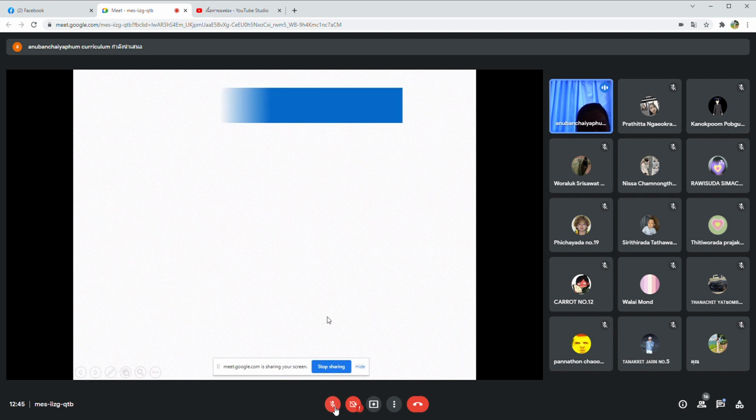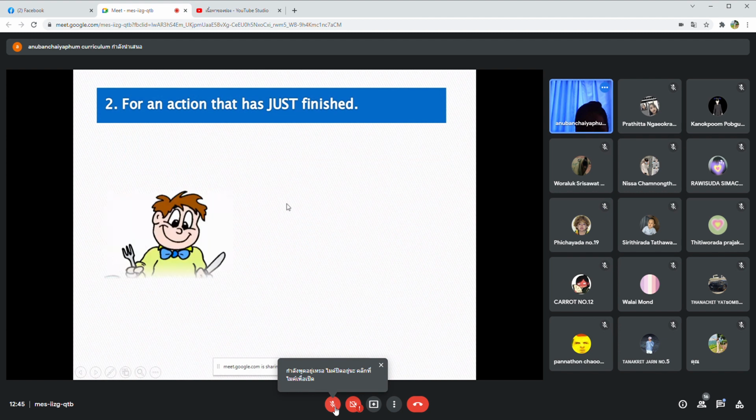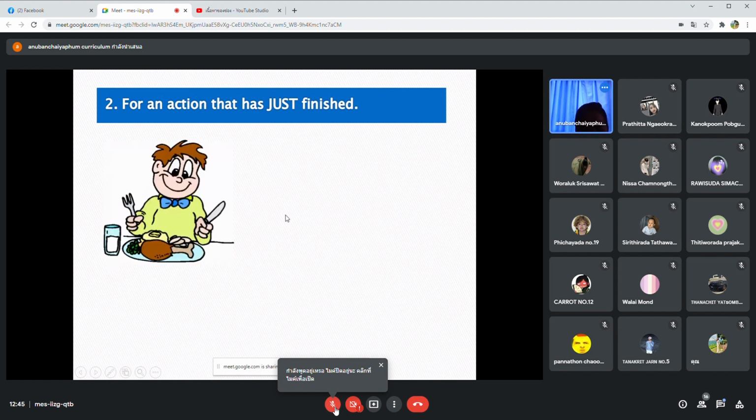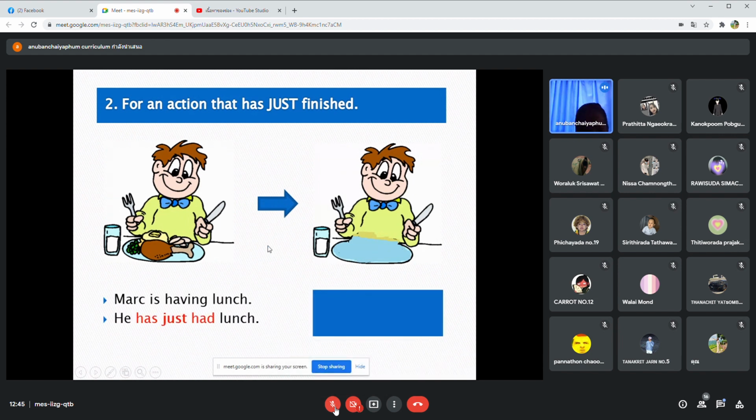Okay, so this is the first use of the present perfect tense. The second use is if an action just finished. Look at this picture and the next picture. Mark is having lunch. This is your first action. But then he just finished his lunch. So the sentence using the perfect tense is, he has just had lunch.